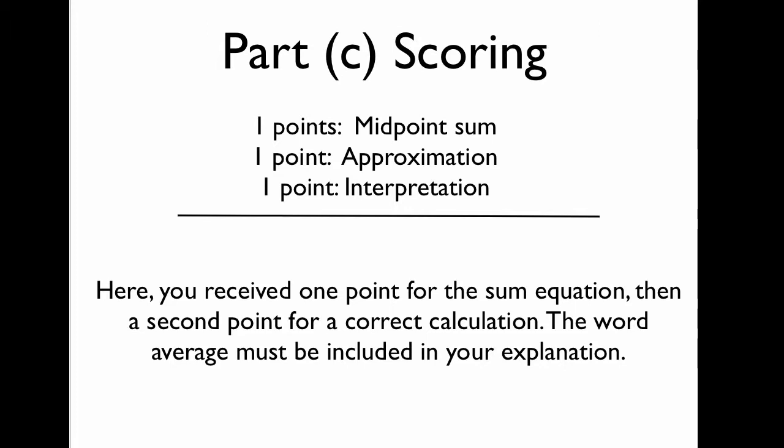And the third point is for your interpretation. In that interpretation, you really must include the word average, and ideally you're also including the time and the coffee as well, because those are all important elements. Any one of those things missing could cause a loss of points here.